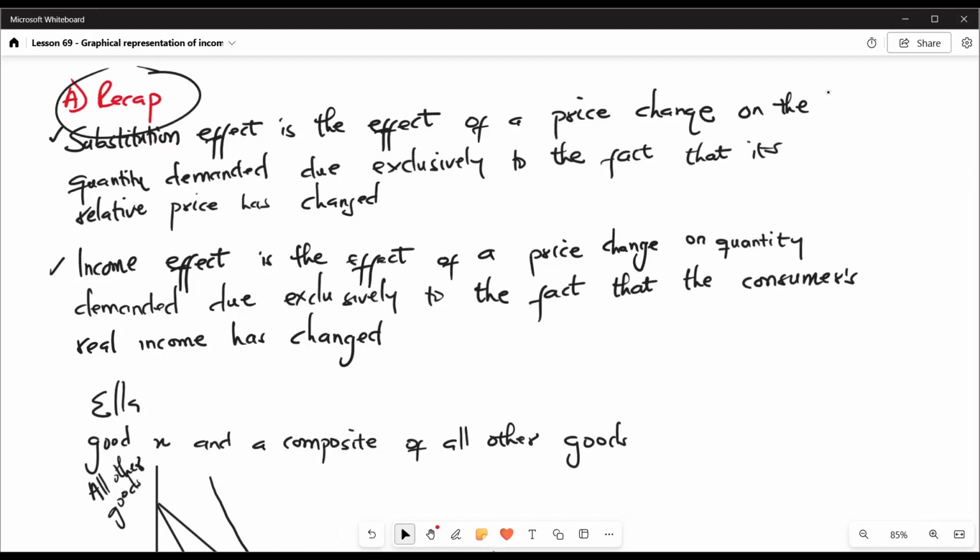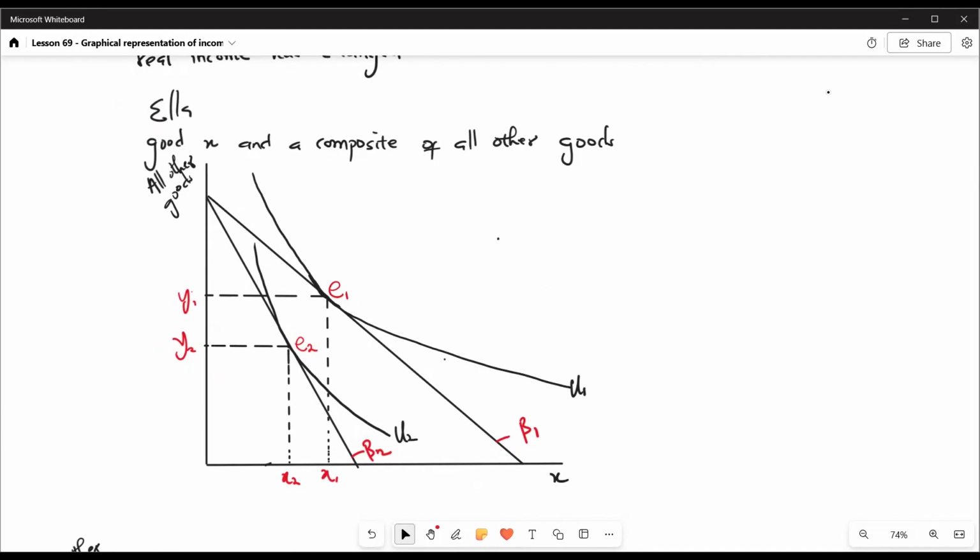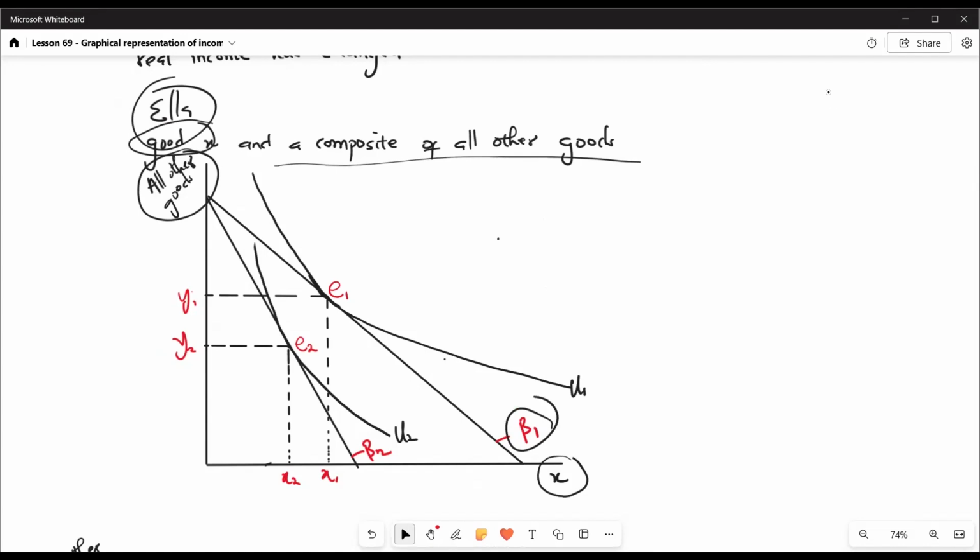So, to understand how these two effects work, it is useful to analyze them graphically. Let's start with a consumer named Ella who consumes good X and a composite of all other goods. So we will represent good X on the X axis and then all other goods on the Y axis. So if we start from Ella's original budget constraint, which is B1, and her utility maximizing bundle, which is E1, on indifference curve U1.